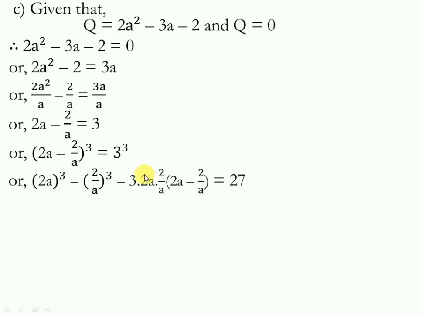Now this a and this a, numerator and denominator, multiply and become 1, and it becomes 3 2s are 6, and 6 2s are 12.